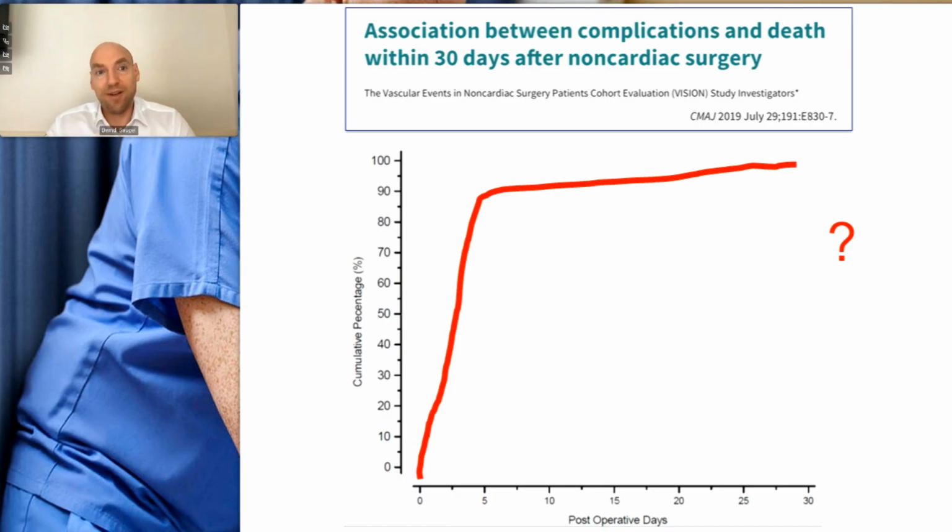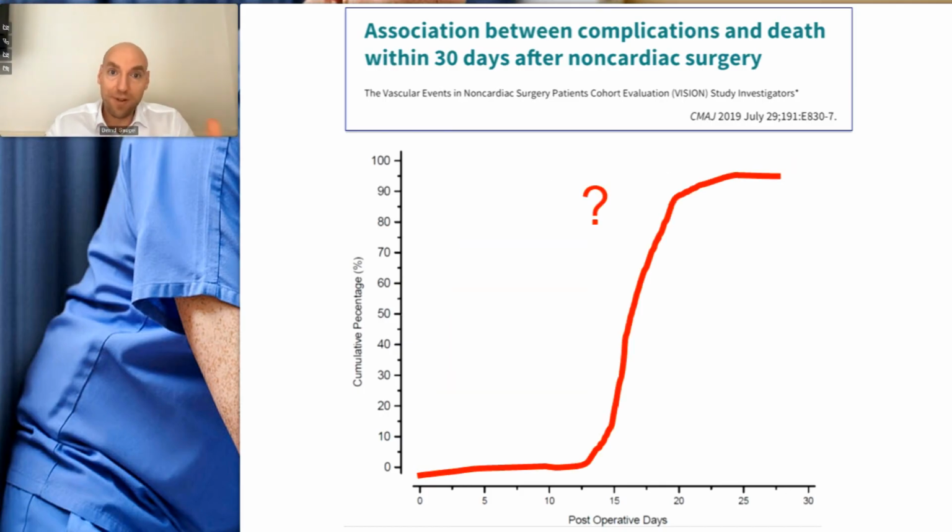This may be a time when patients are still in the intensive care unit or in higher acuity care settings. But you could also assume that patients die later after they develop complications, for example, infectious complications or sepsis, and that this becomes a problem only a couple of days after surgery.